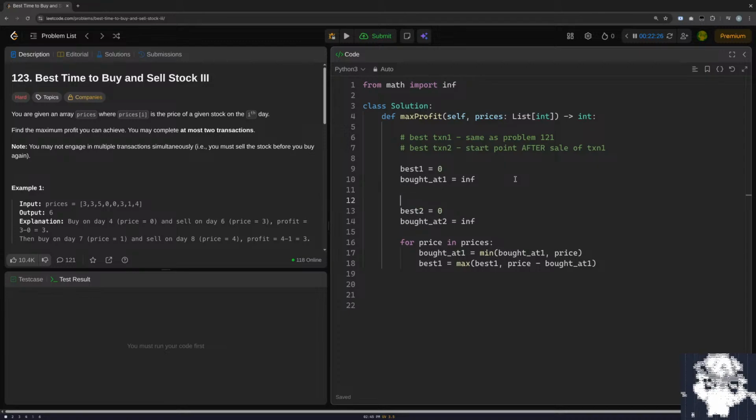The thing I need, though, this is the thing, I'm just having trouble thinking it through. I need to remember what was the best first transaction so far. So best transaction 1.